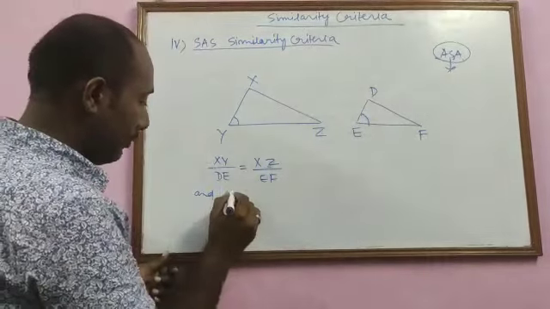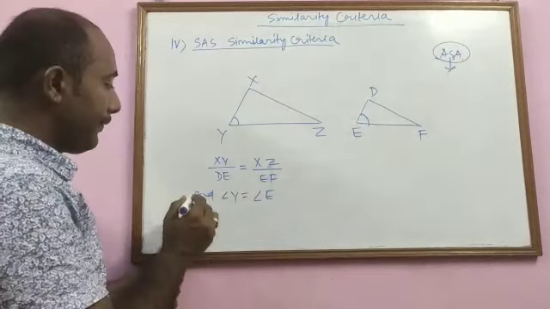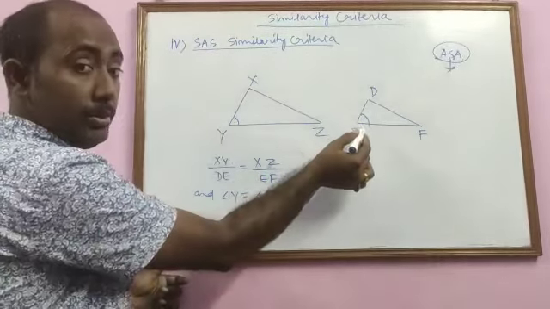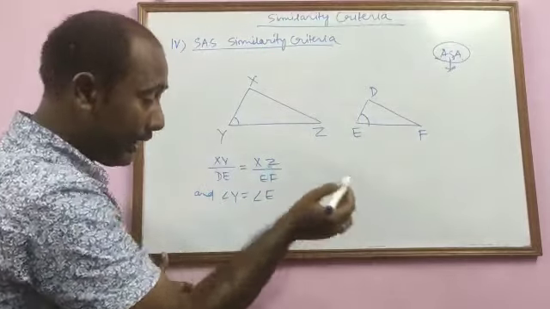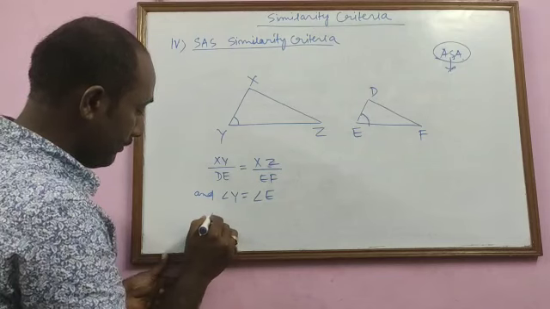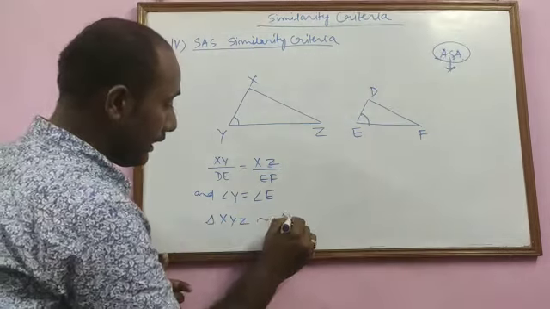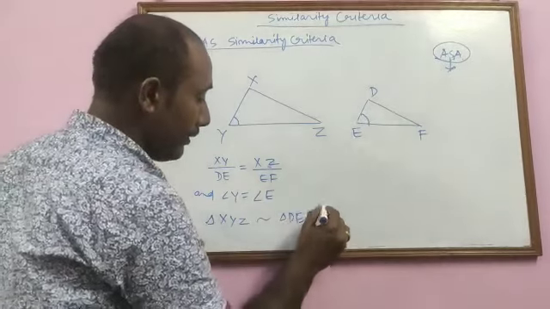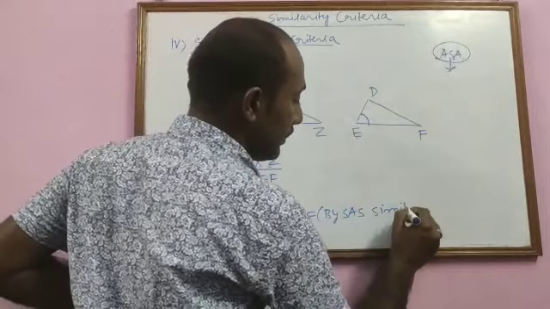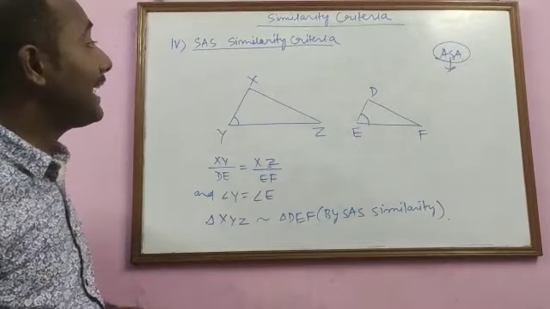And angle Y is equal to angle E. If we find that the two sides are proportional and the angle between them is also equal to the corresponding angle of the other, then we conclude that triangle XYZ is similar to triangle DEF by SAS similarity. So this is about side angle side similarity criteria.